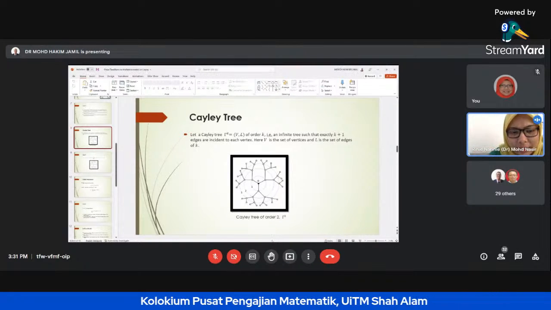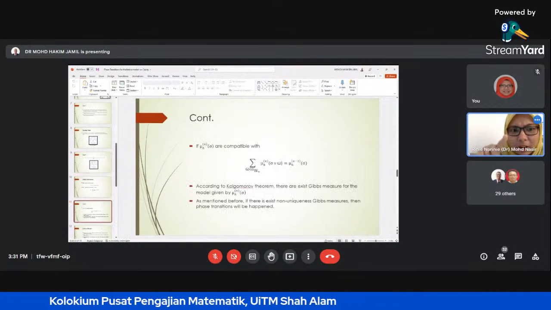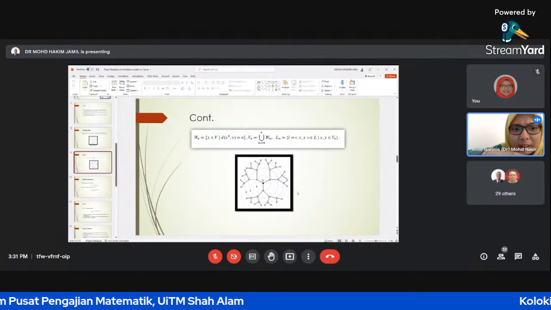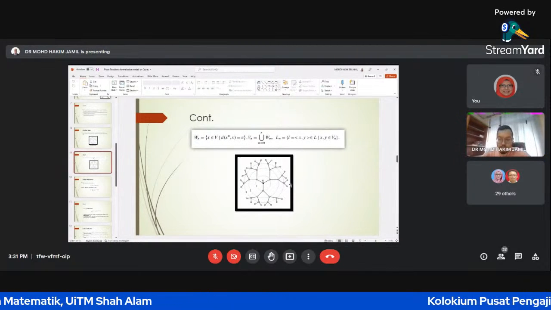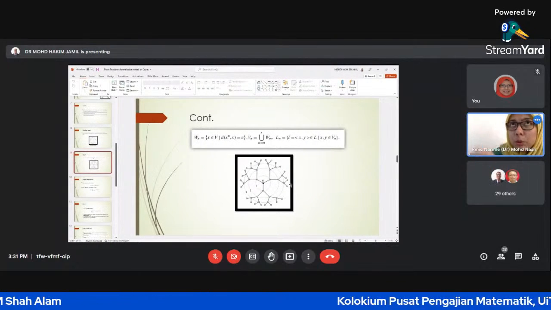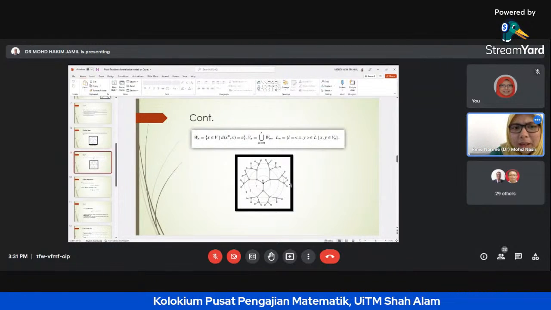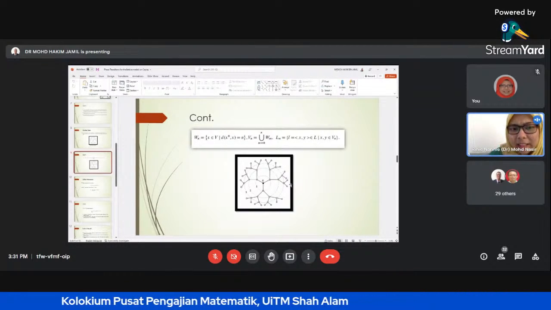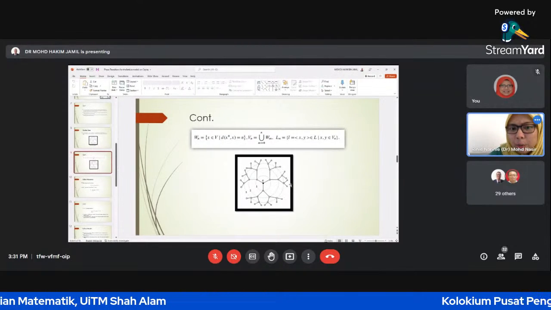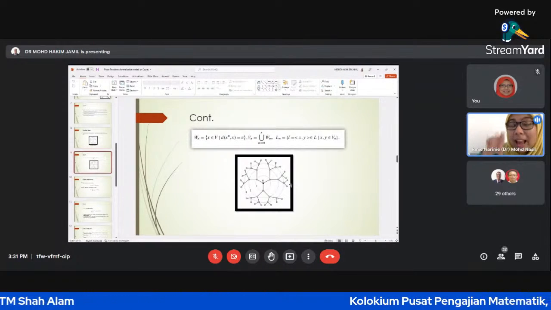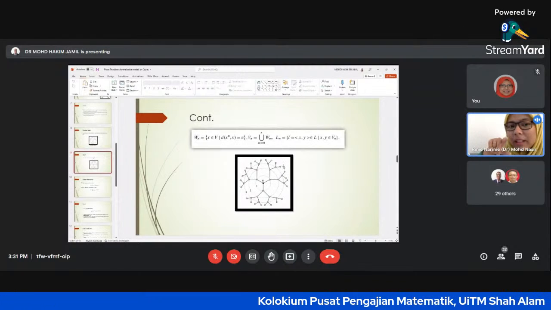If K is equal to 2, you have 3 edges. Can you tell me, from the Cayley tree, the set of X there? What are the elements in the set?